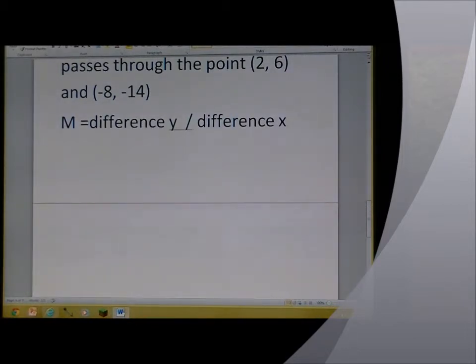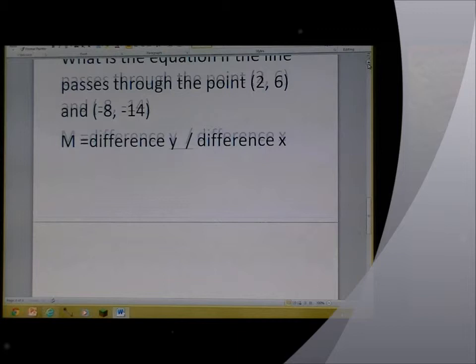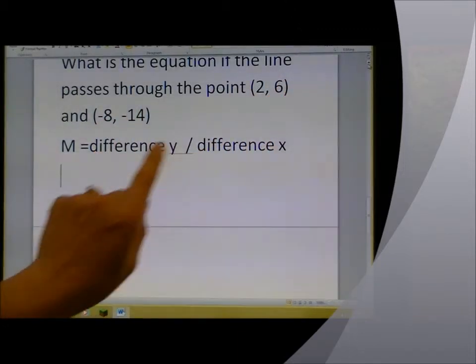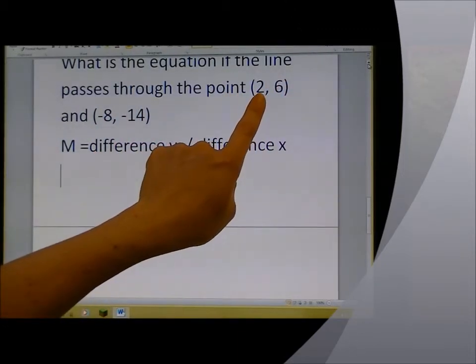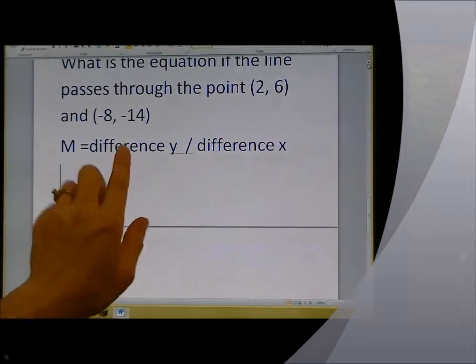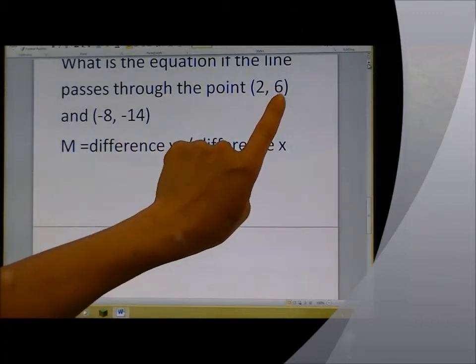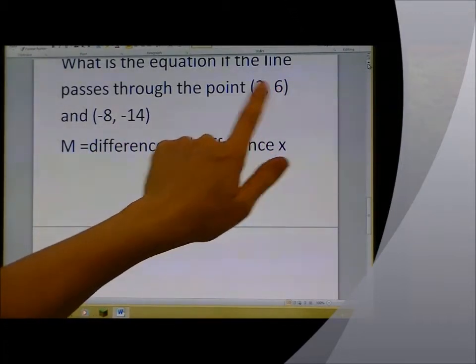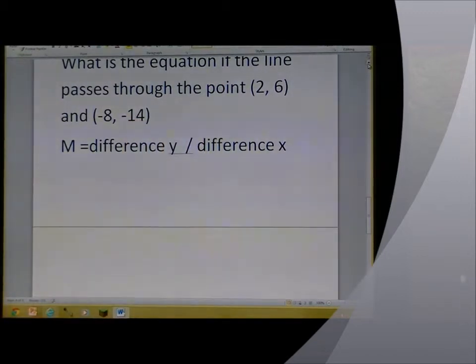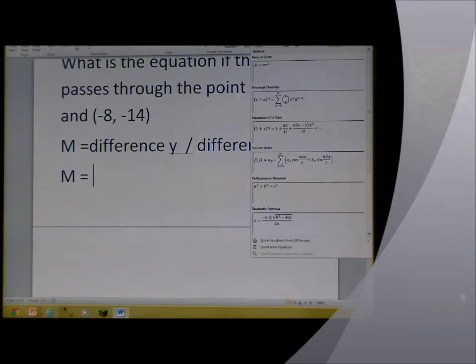So what we want to do then is take the difference of these two points. So remember that x is listed first, y is listed second. So in order to find slope, what I want to do is take the difference of 6 and -14. So m equals, I'll make it look like a fraction.